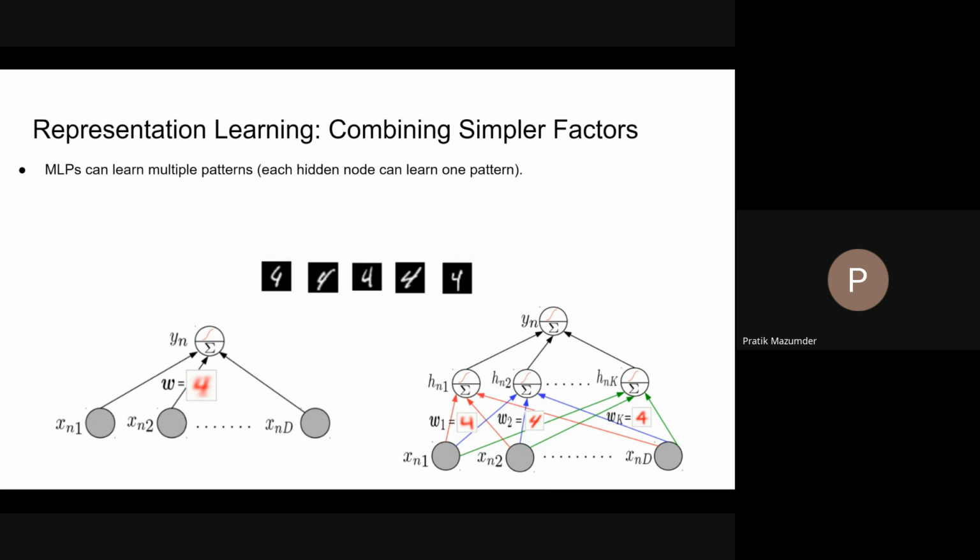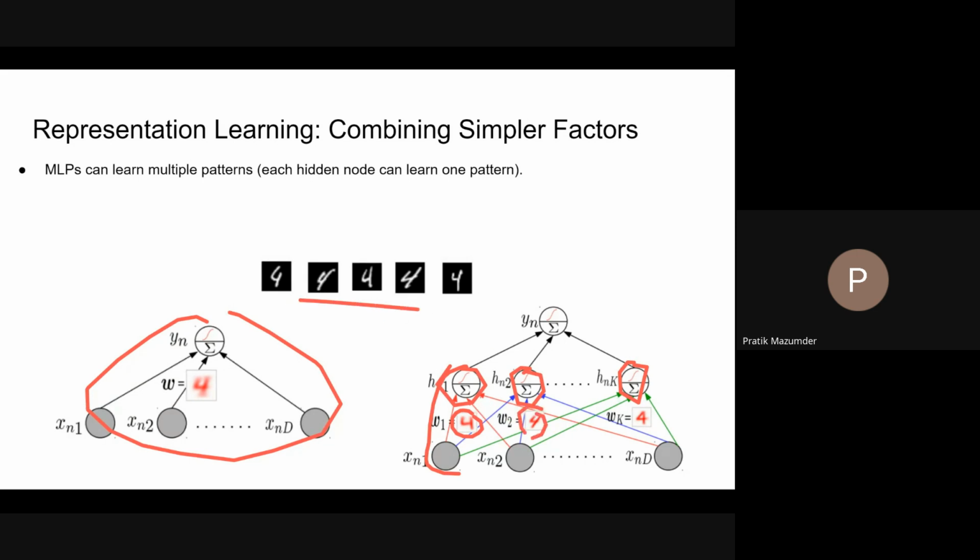Another level of understanding you can come up with for the concept of MLP is that you can consider each of the perceptrons you have here as a simple classifier in itself, which learns a very simple representation of a given image.